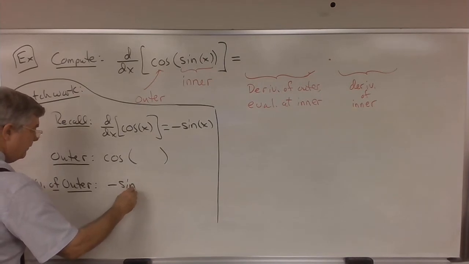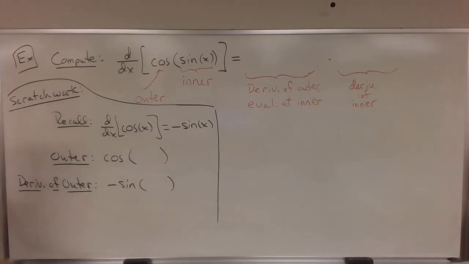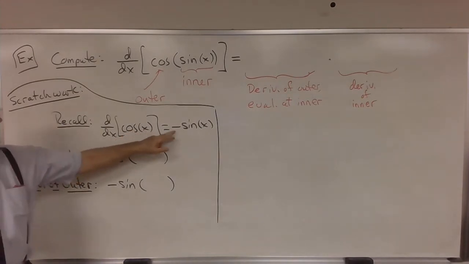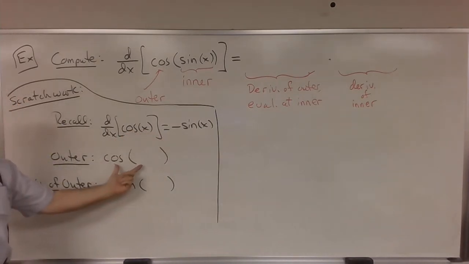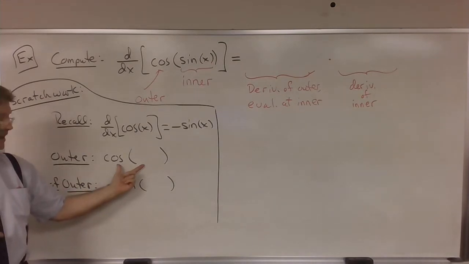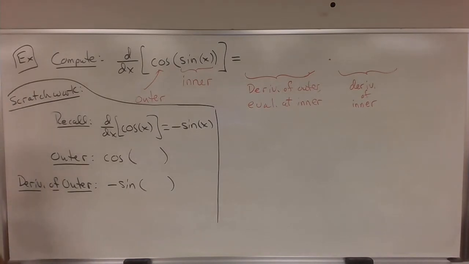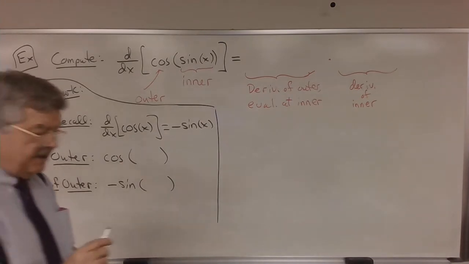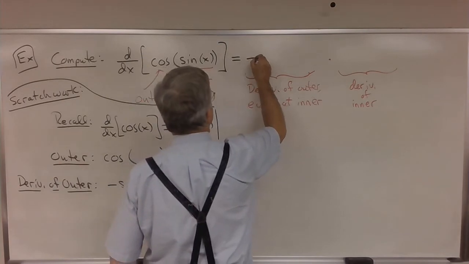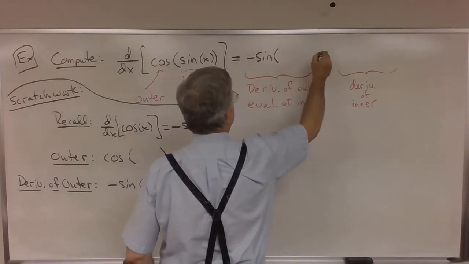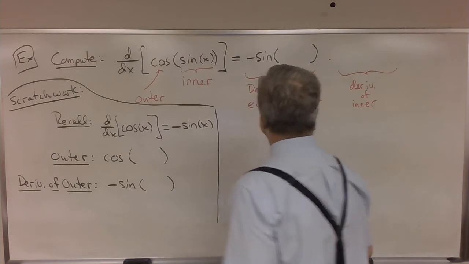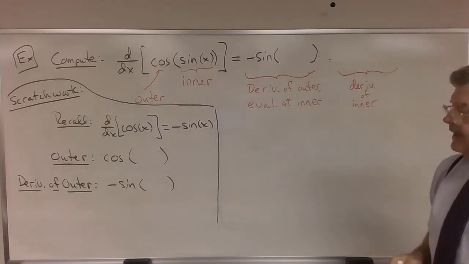Negative sine evaluated at something. The derivative of cosine of x is negative sine of x. The derivative of cosine of something is negative sine of something. So we'll write this down. Here's the derivative of our outer function. Negative sine evaluated at something. So derivative of the outer, that's it.